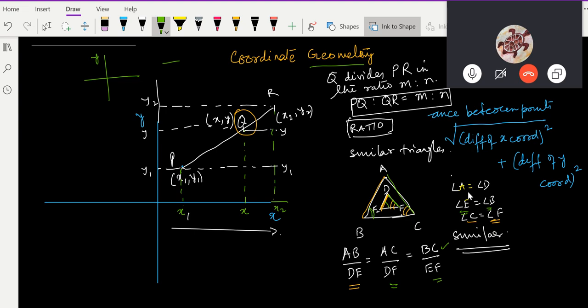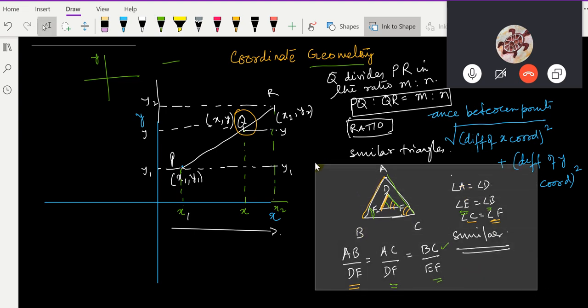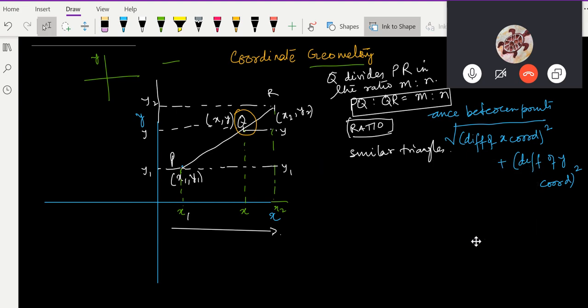So you have to be careful when dealing with similar triangles that you take the sides correctly when you are equating the ratios. Now, therefore, here we can look at this triangle.